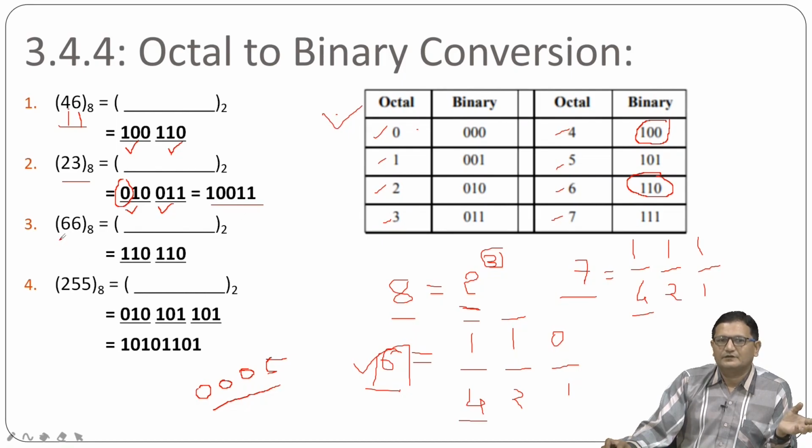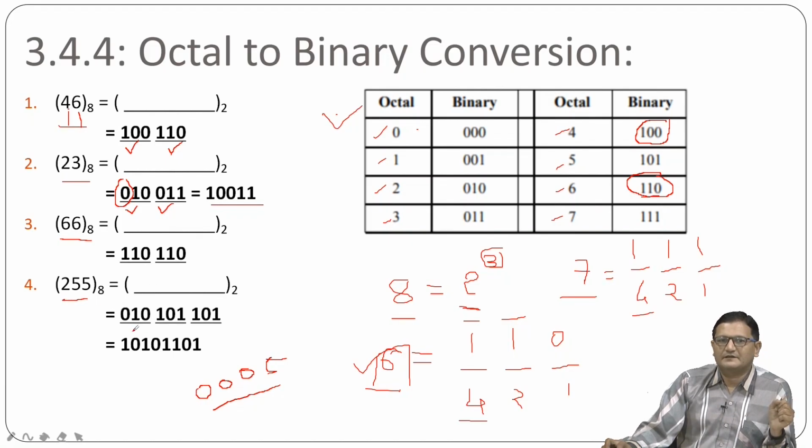Similarly, the octal number 66 is given, so you just see what is the binary of 6, that is 110. So here you need to write 110 110, and see there is no 0 on the left hand side, so you just write 110110 binary. Similarly, suppose this number is given to you, 255.